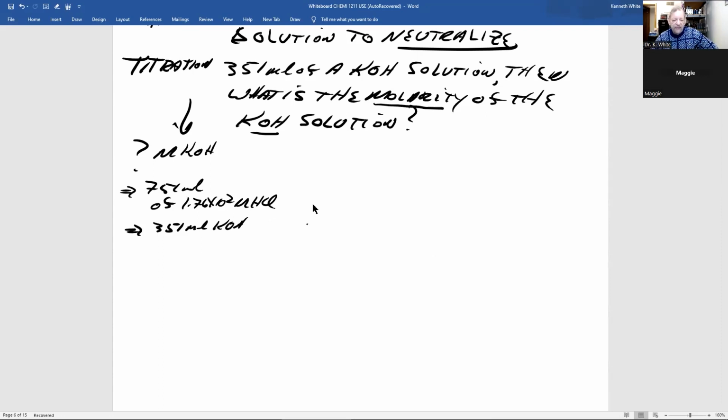So, at neutralization, moles of acid equal moles of base, which is equal to milliliters of acid times molarity of acid. Oops, I'm getting ahead of myself again.